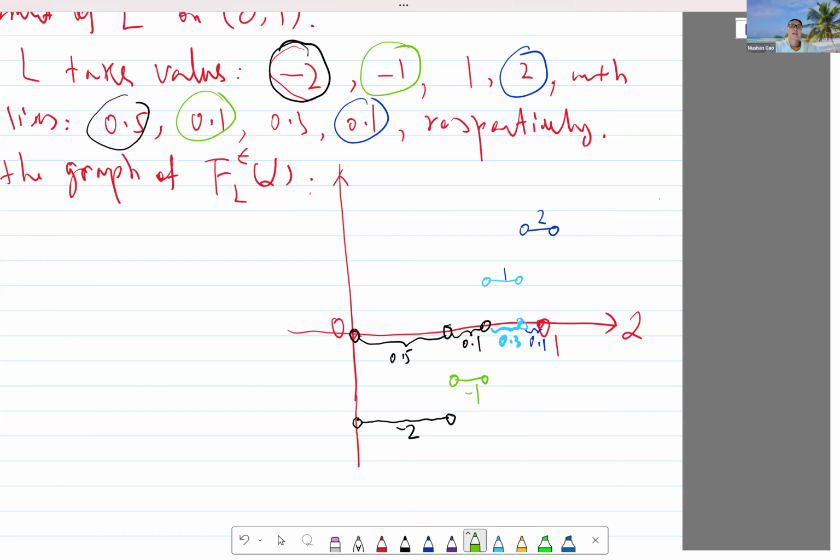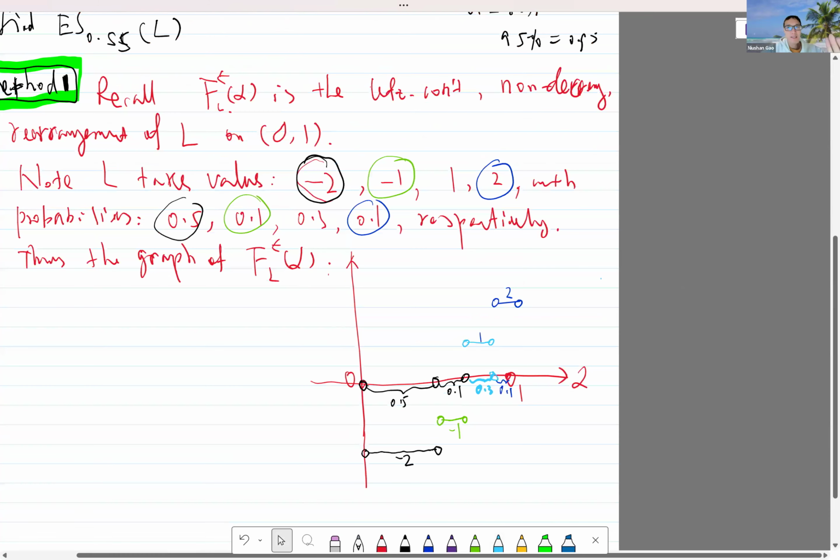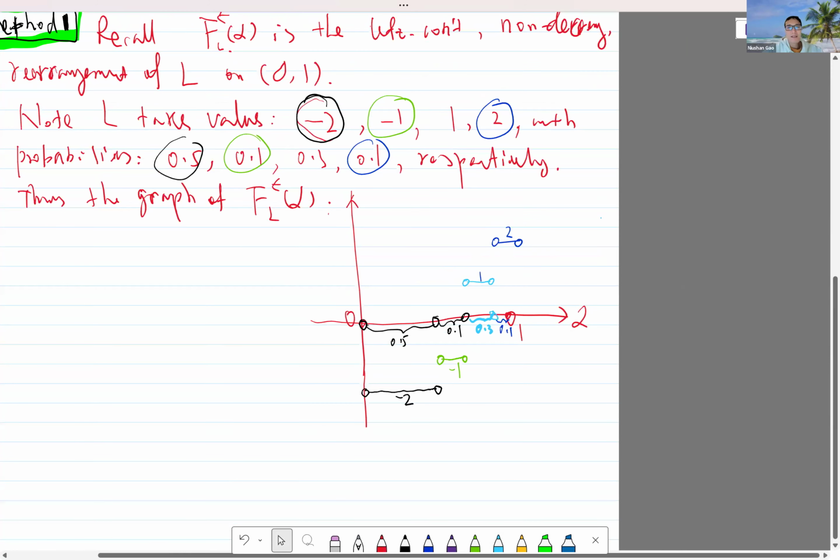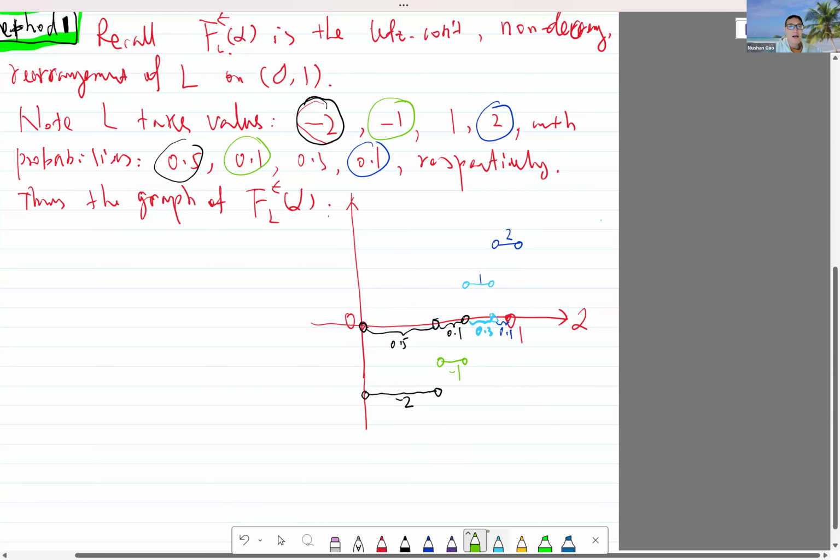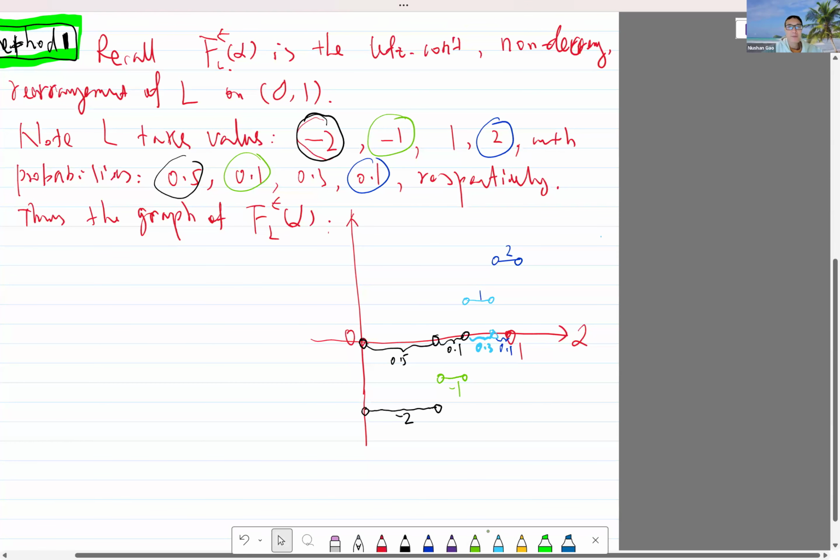Remember, we only need to add the left continuity. This point is 0.5, this point is 0.6, and this point is 0.9. The last endpoint is 1 for sure.